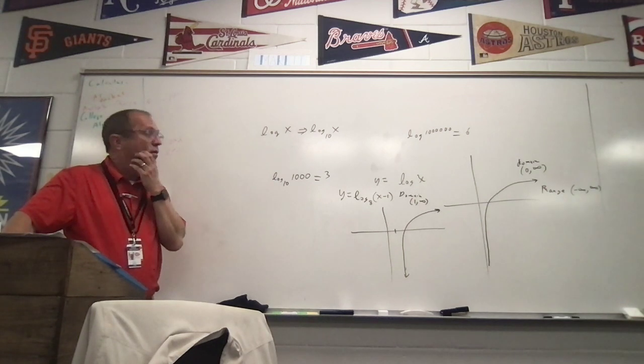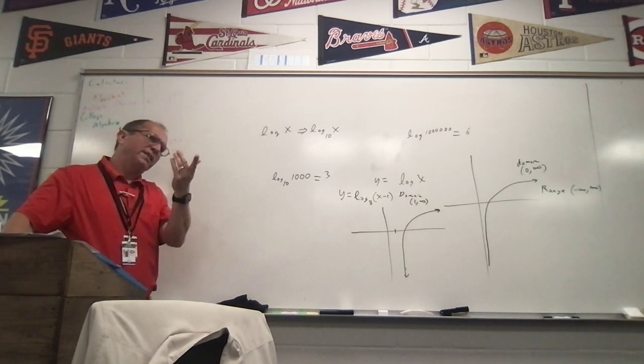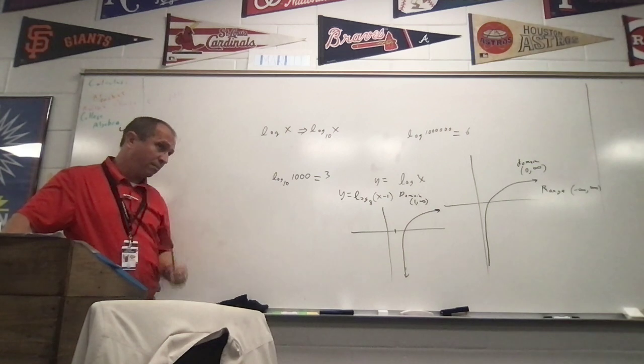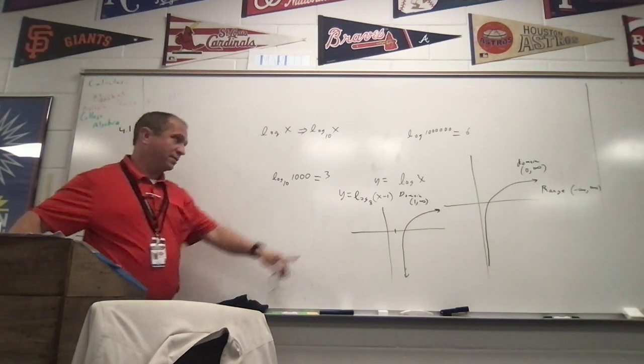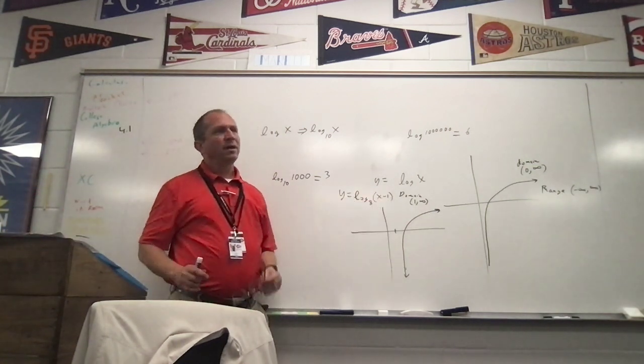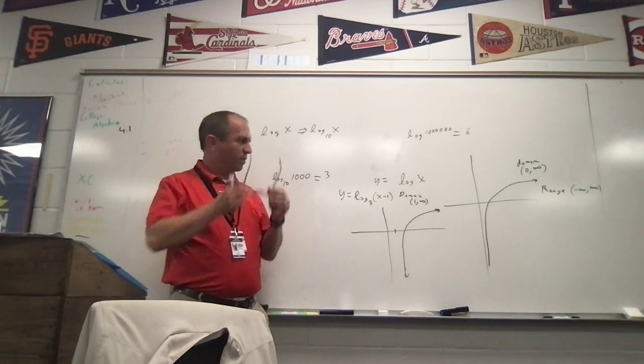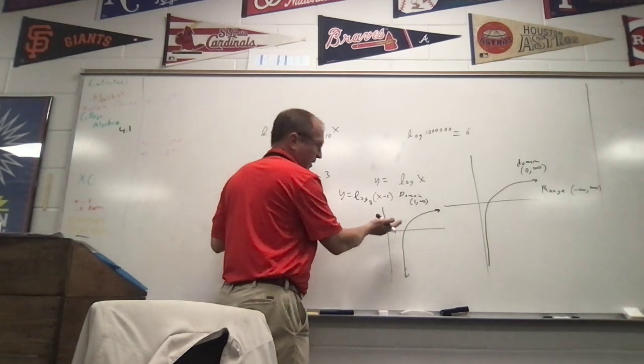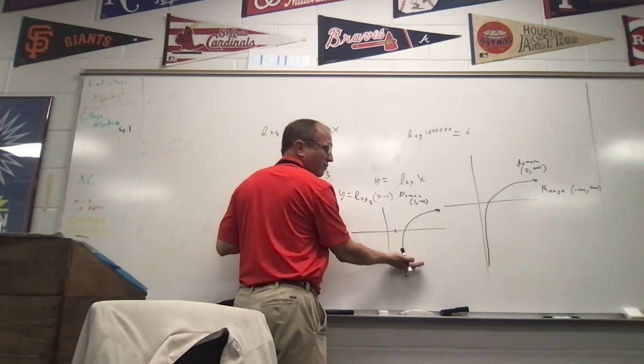All right, so now, they really won't, for the reason that you just stated earlier, you said something about shifting down 1. They really don't do that much on logarithmic graphs because it's harder to see that a graph shifted down 1.